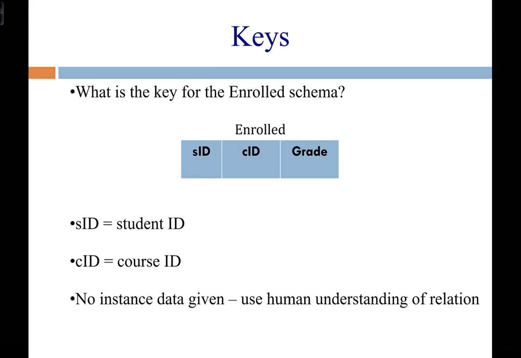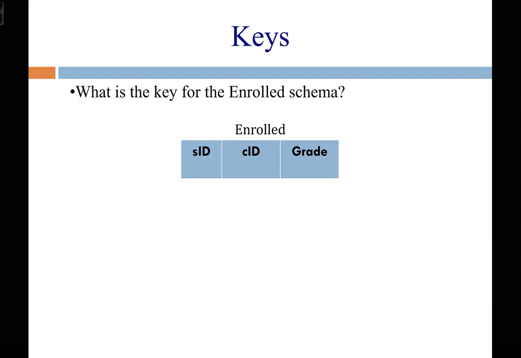So we have no instance data again, and we are going to define the key based on us being humans with an intuitive understanding of what we want the information to mean. We already decided that what we want is SID, CID to be unique.